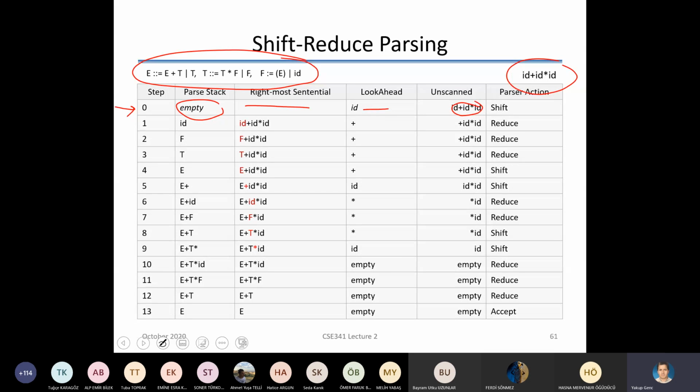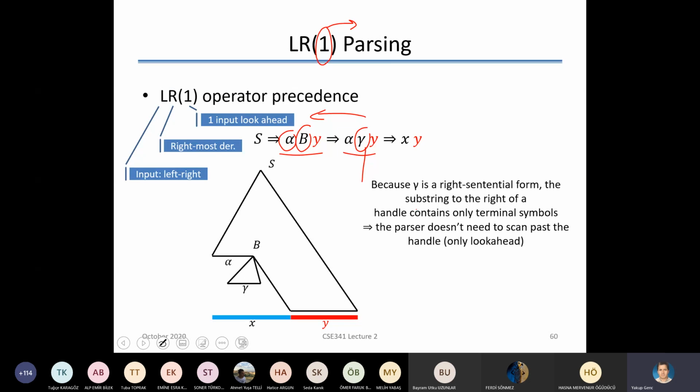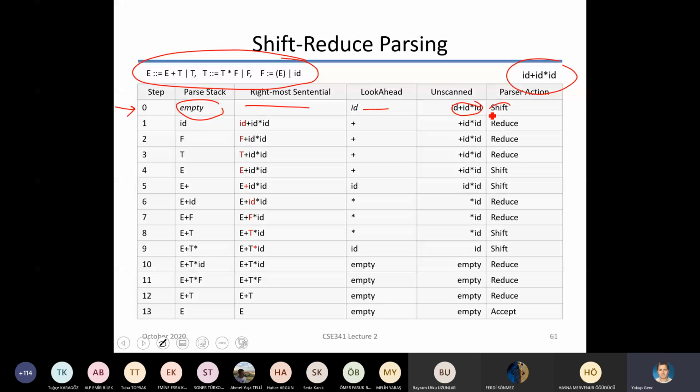And then the action that I will do. I start with an empty stack at the first step. My look ahead is ID, the rightmost sentential form is nothing, and the entire input is still unscanned. Do I have an error?